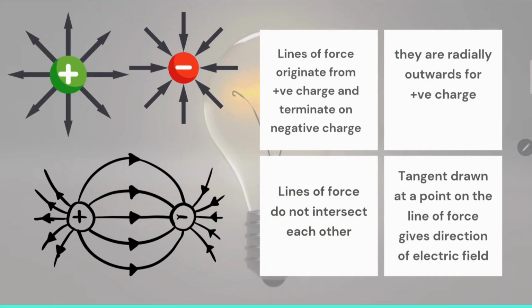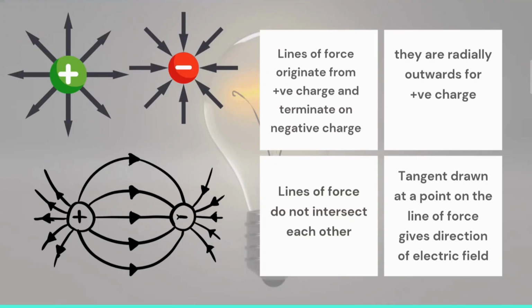Next, the electric field lines are curved, and they have a starting point as well as an ending point. So they are open continuous curves. They are not closed loops.